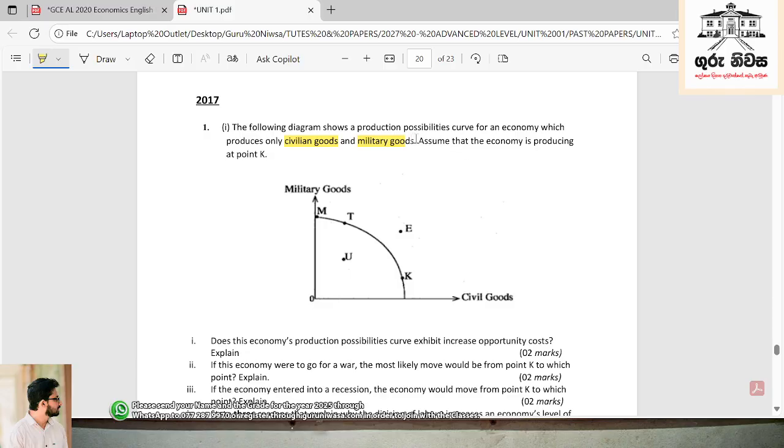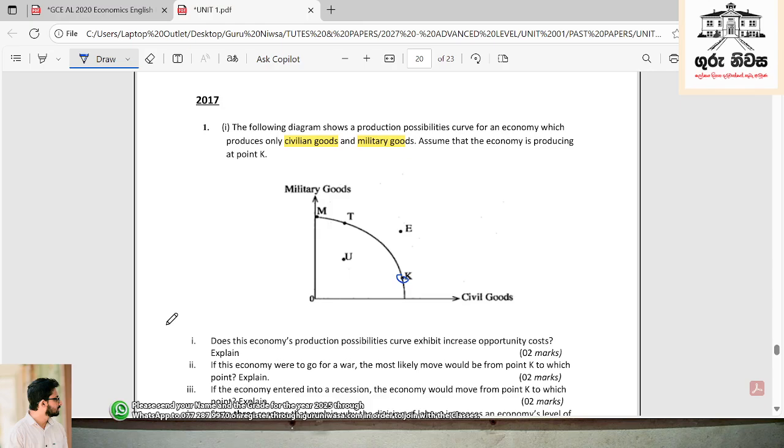Assume that the economy is producing at point K. Now the economy is working at point K here. This is the current production point. Are they operating on the curve or inside the curve? Point K is on the curve.